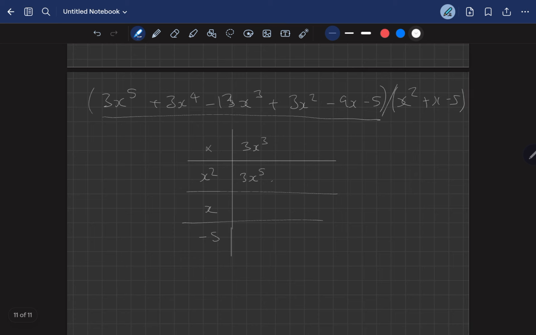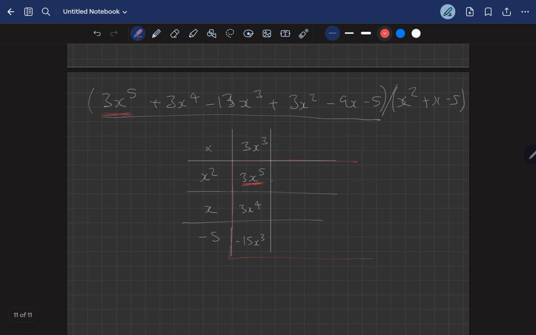Now, let's fill up the rest of our grid for now. 3x to the 3 times x is 3x to the 4. 3x to the 3 times minus 5 is minus 15x to the 3. Okay, now we already have one term, the x to the 5 term, in our grid.